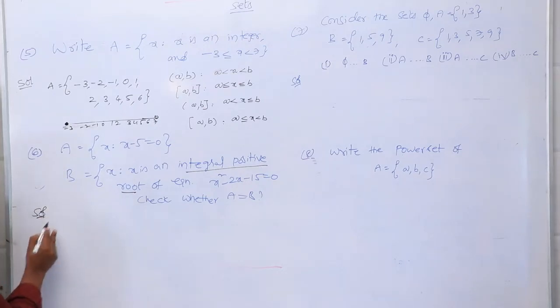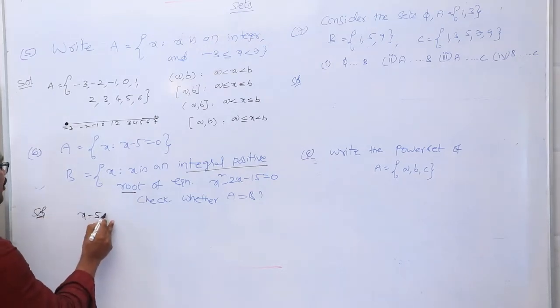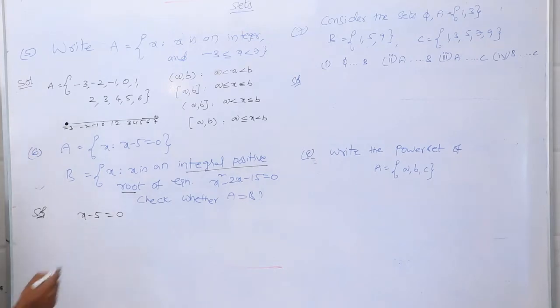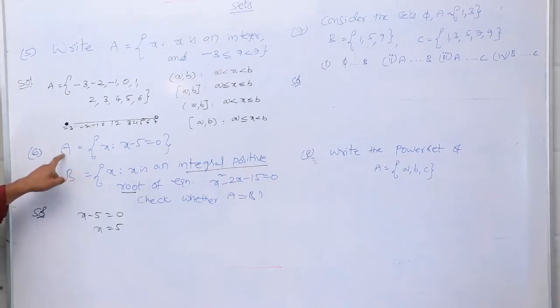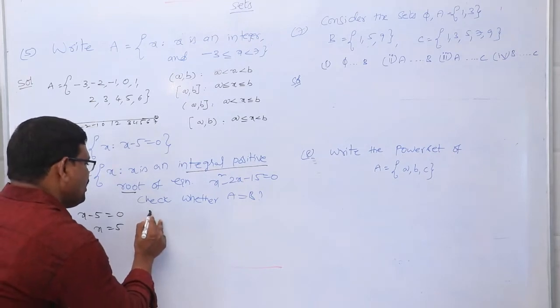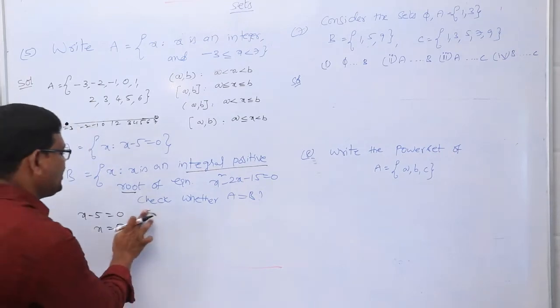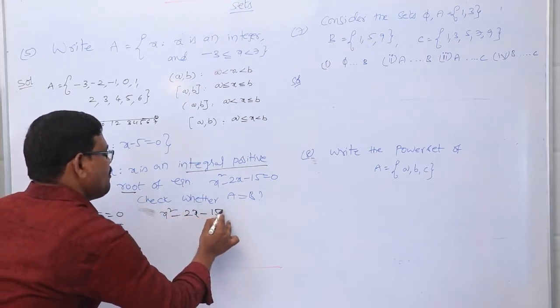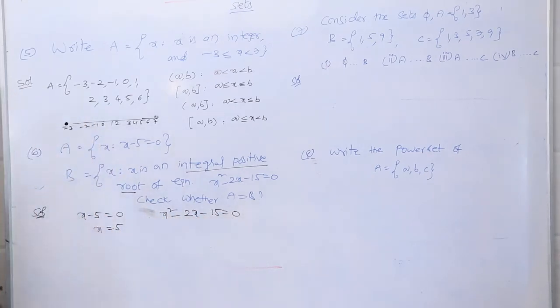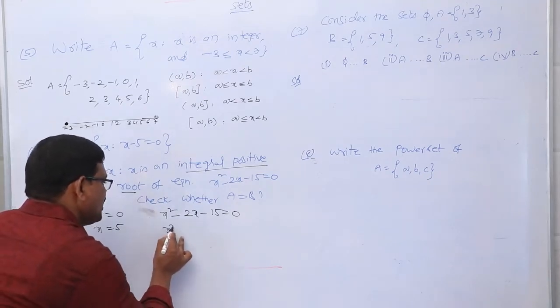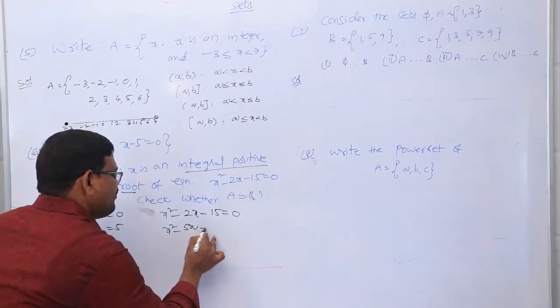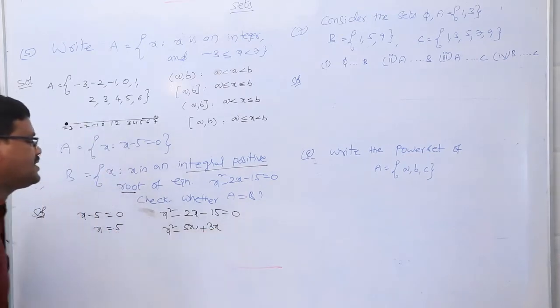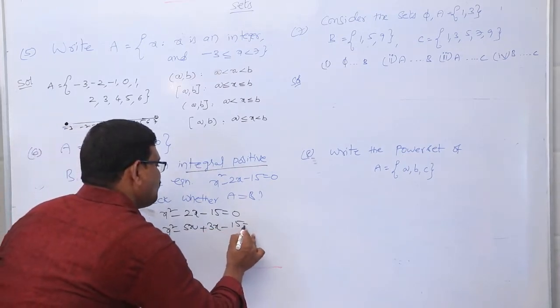If you solve x minus 5 equals 0, then x equals 5. Here in set A, we have one element, 5. In set B, if you solve the equation x square minus 2x minus 15 equals 0, the factors are x square minus 5x plus 3x minus 15 equals 0.